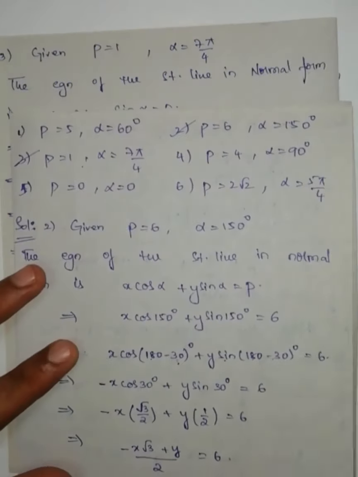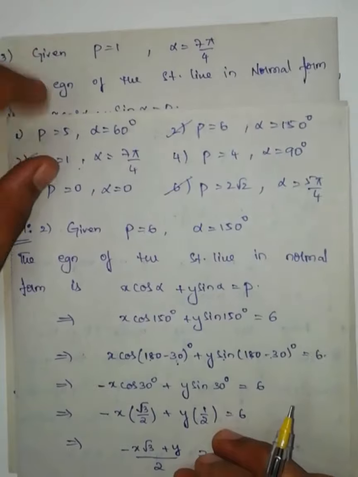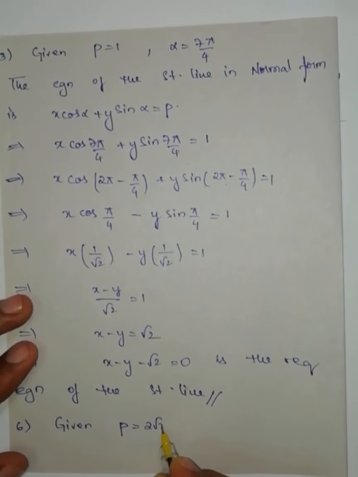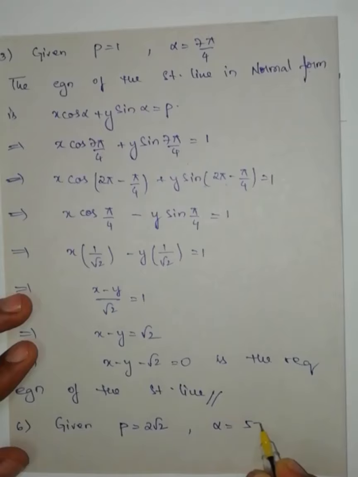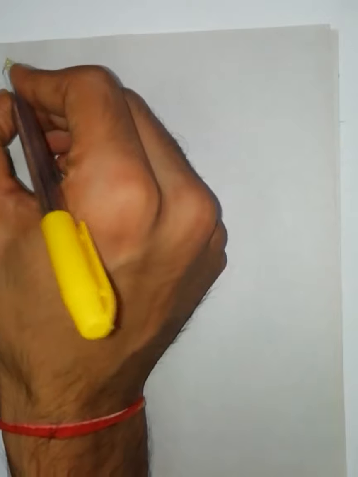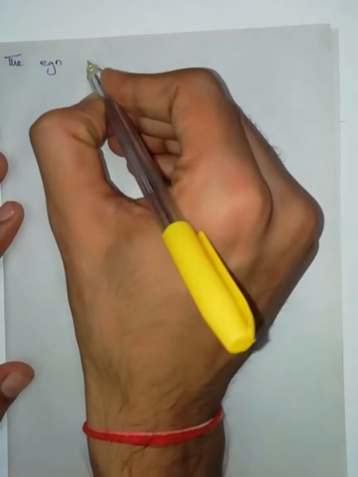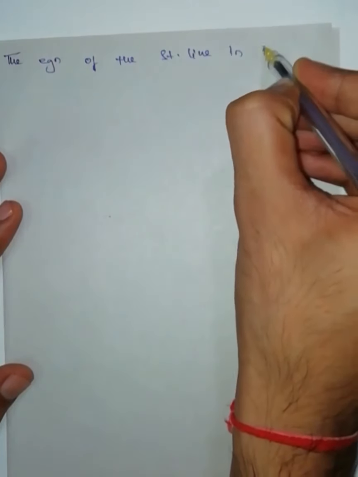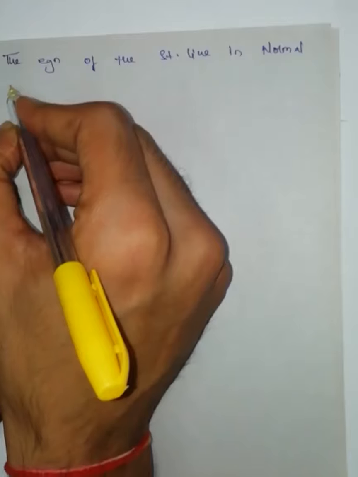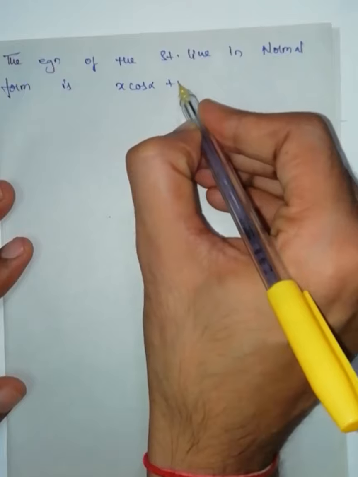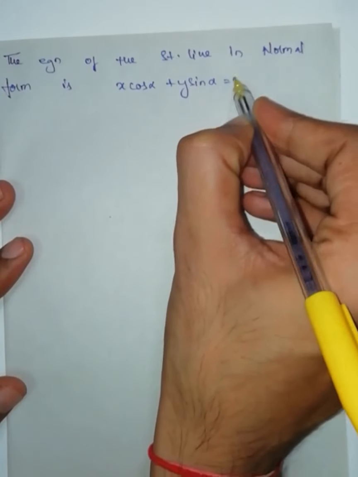Now I am going to solve the sixth one. So what is the given thing? Given p is equal to 2 root 2, alpha is equal to 5 pi by 4. Now the equation of the straight line in normal form is x cos alpha plus y sin alpha is equal to p.